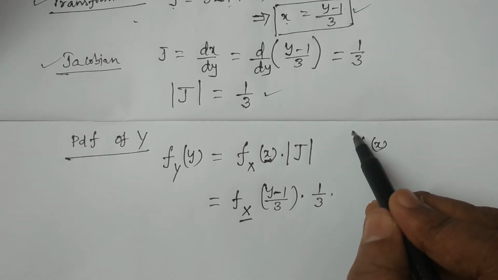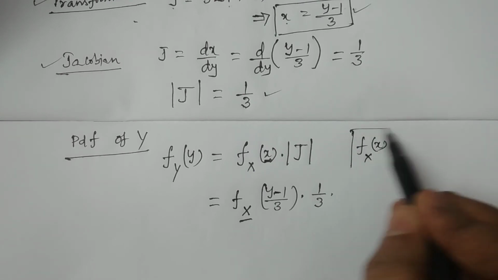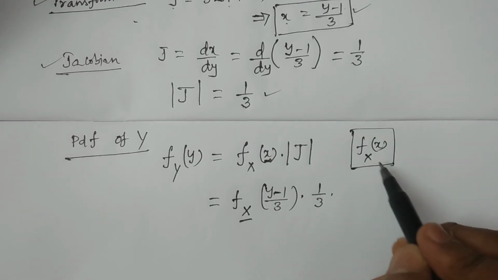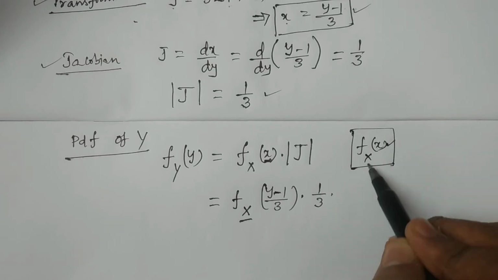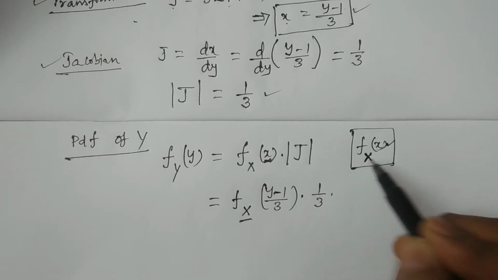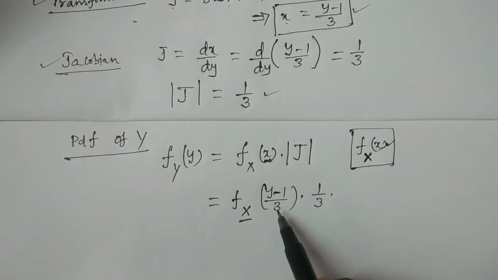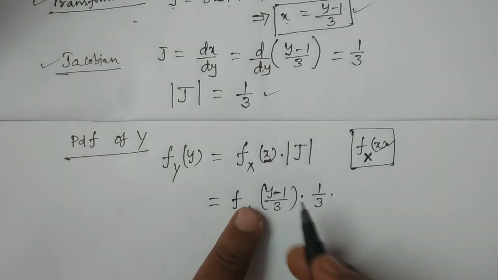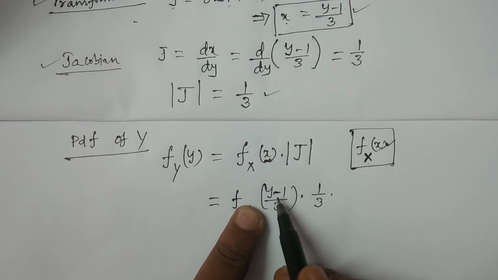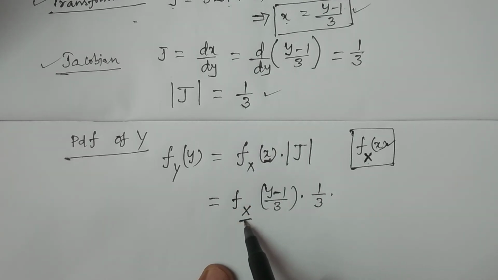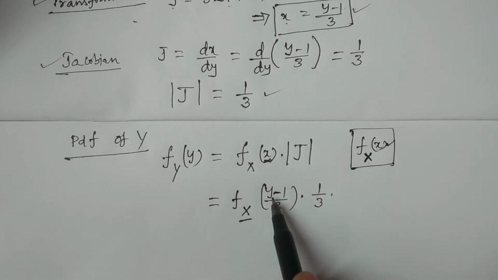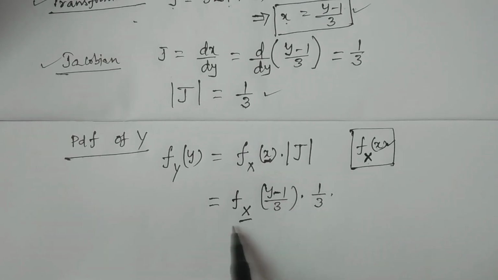The important identification of this particular notation is that this is a function of x, not y. To remember and to identify, this is the probability density function of x.